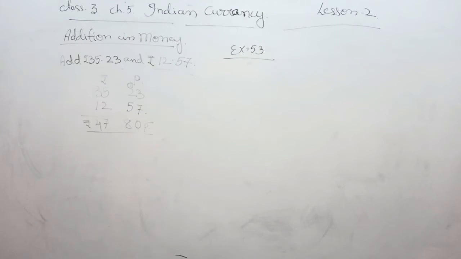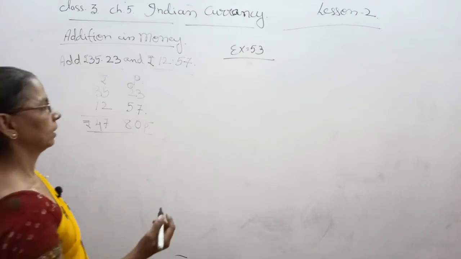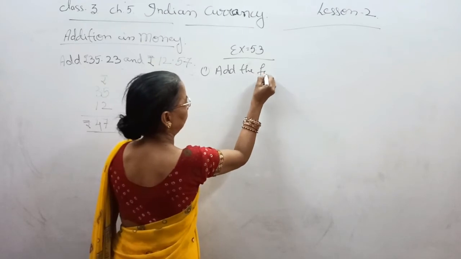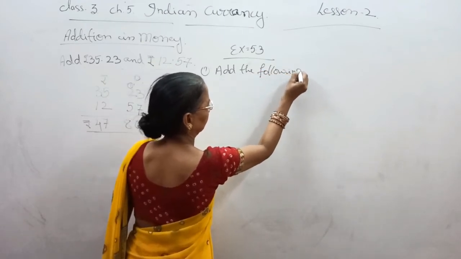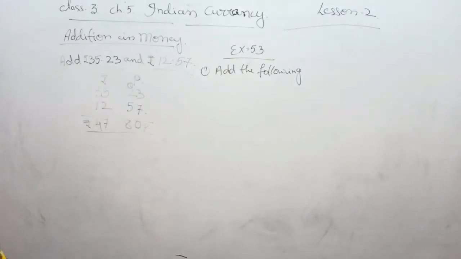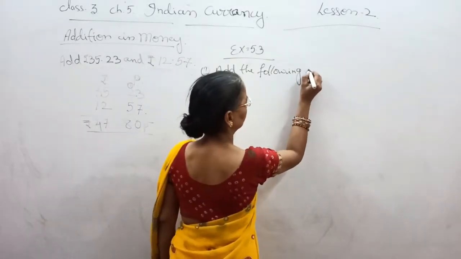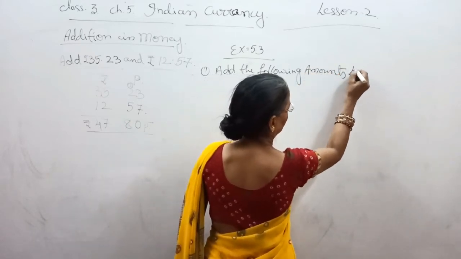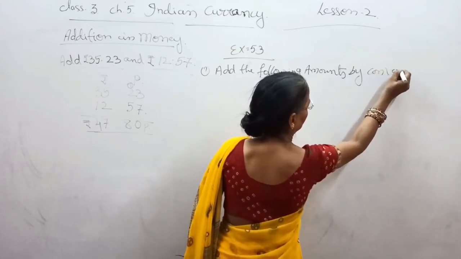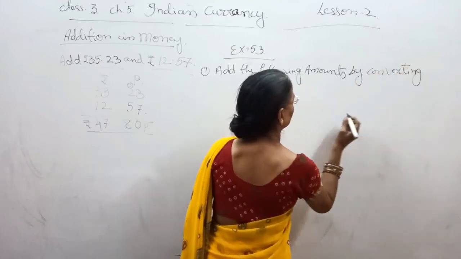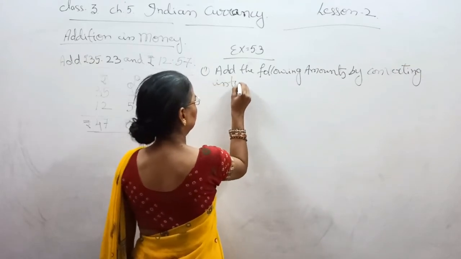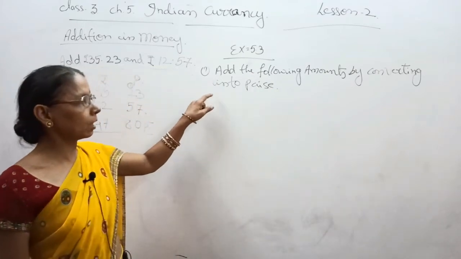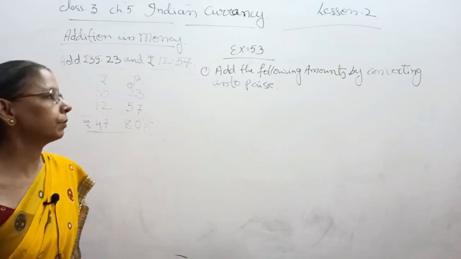First one is: add the following amounts by converting into paise. In this question, we have to convert the amount into paise, then we have to add them.